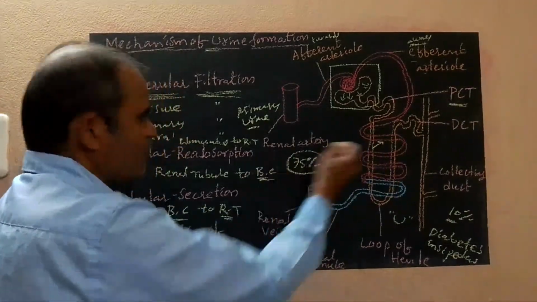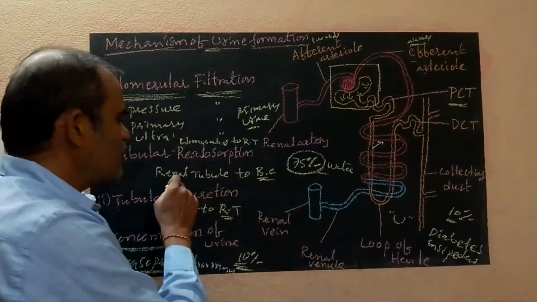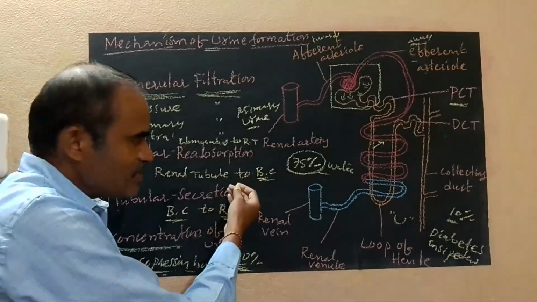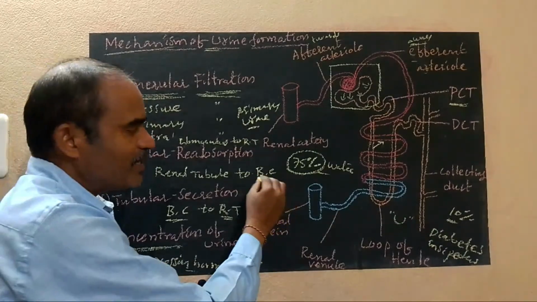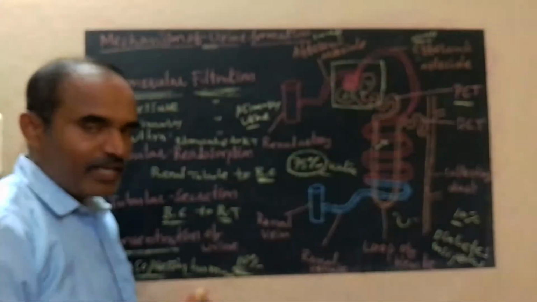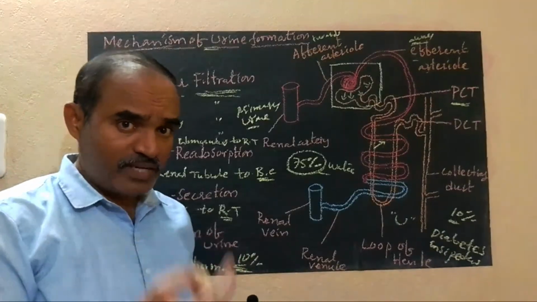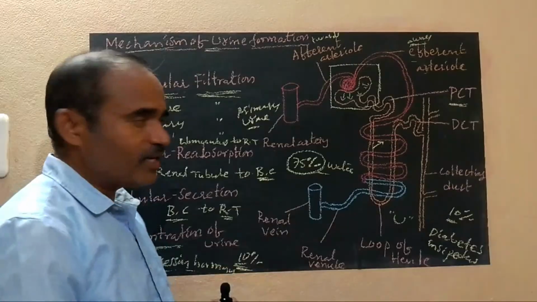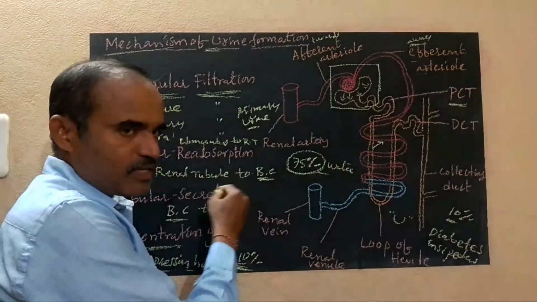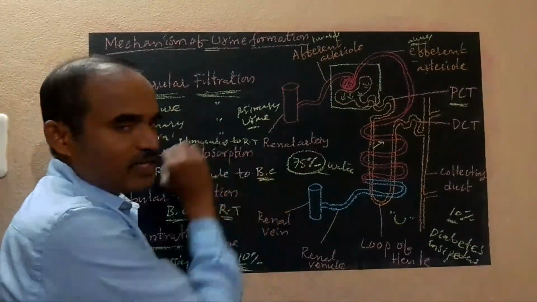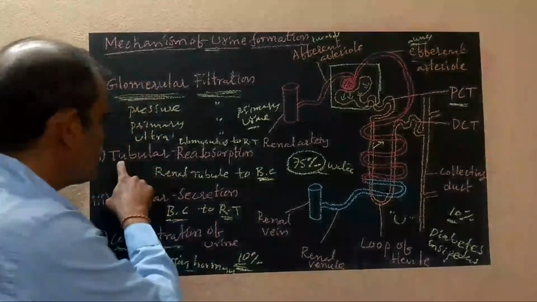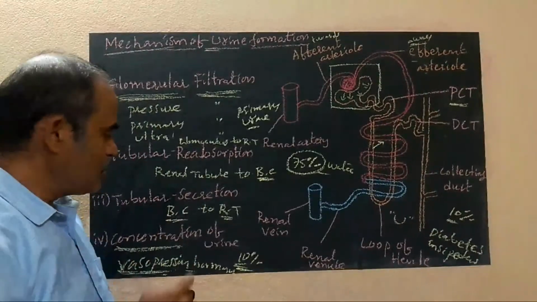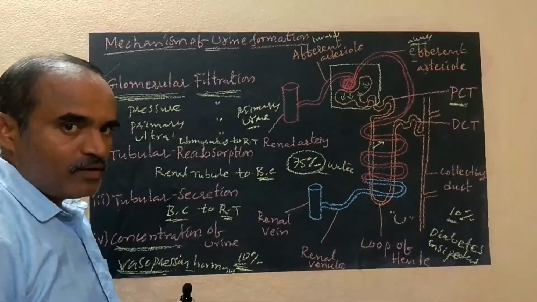Mainly from the PCT, all the useful substances are reabsorbed by the blood capillaries, meaning the network of peritubular capillaries which surround the renal tubule. This is called tubular reabsorption.